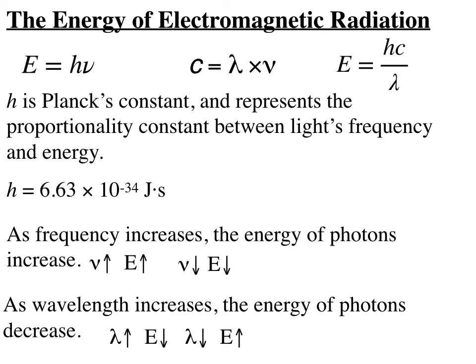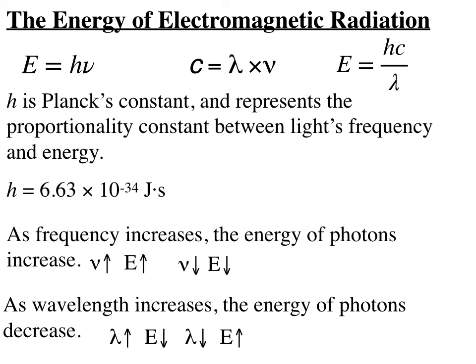The higher the frequency of the light, the greater the energy content of the light. So if you, for instance, double the frequency of the electromagnetic wave, you will double the energy it carries. If you cut the frequency of the electromagnetic wave by 1/4, you will cut the energy of the light carrying that frequency by 1/4.